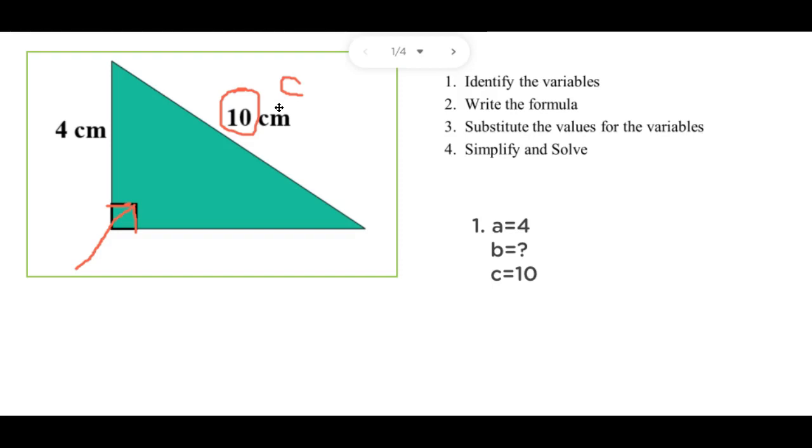Okay, so now we're going to go to our next part, which is writing the formula. And the formula is still the same: A squared plus B squared equals C squared. I think I'm going to move these up some.